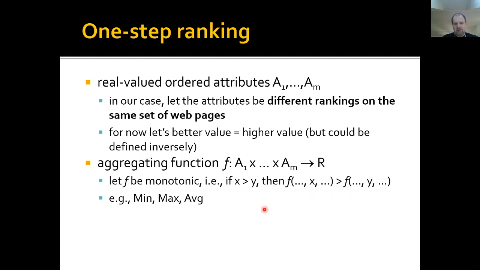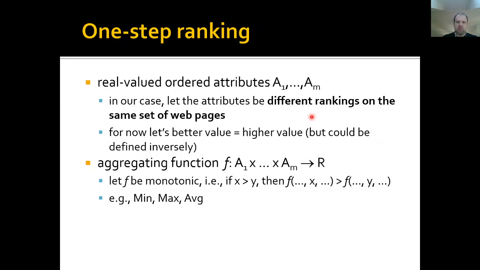All classic simple aggregating functions satisfy this constraint, like minimum of values here, maximum, average, anything basically that is a linear combination. So it's a very broad class of aggregating functions.